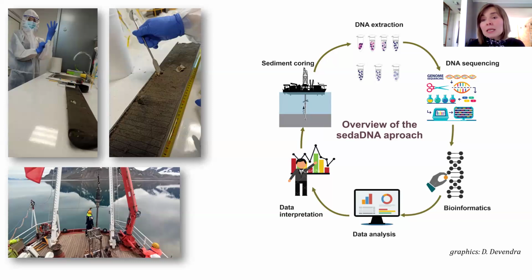Another step is sequencing. Before the sequencing, we can also prepare, for example, polymerase chain reaction to increase the number of DNA copies, depending on the approach we choose. Another step is bioinformatics. So the analysis of the obtained sequence data, and of course the proper interpretation. And at each step of this analysis, we can have a lot of problems.